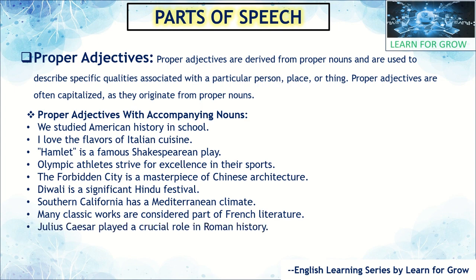Julius Caesar plays a crucial role in Roman history. Right? Kangaroos are iconic in Australian wildlife. Means specifically here we are using proper nouns with adjectives. So that's why it falls under the proper adjectives.